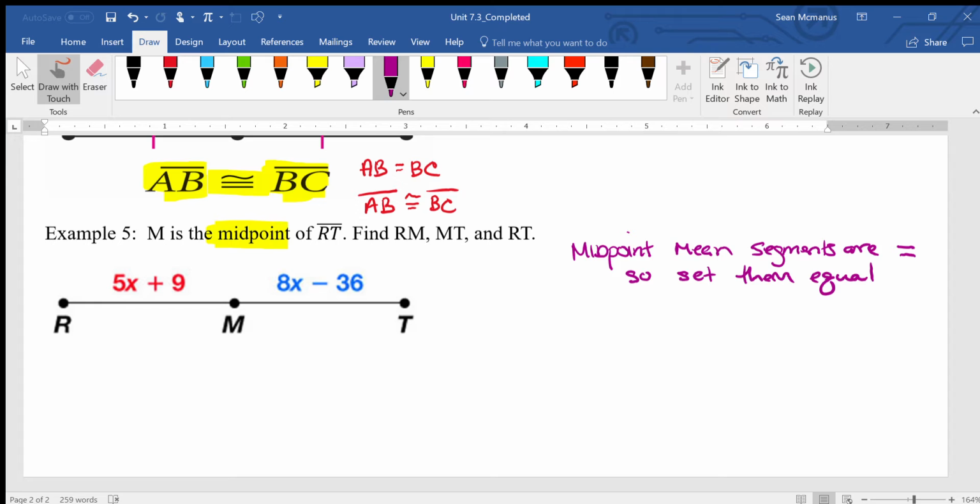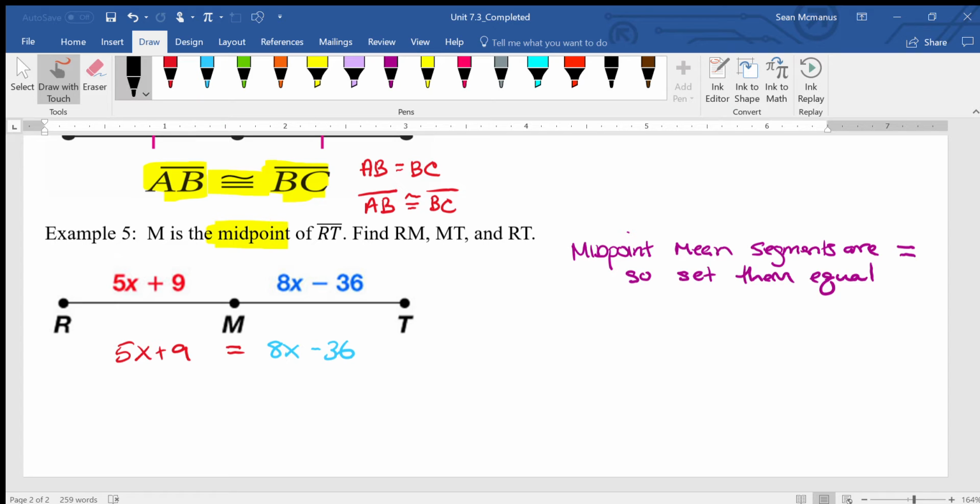So this one, we'll use the midpoint. So M is the midpoint, so the length of RM equals the length of MT. So 5x plus 9 equals 8x minus 36.